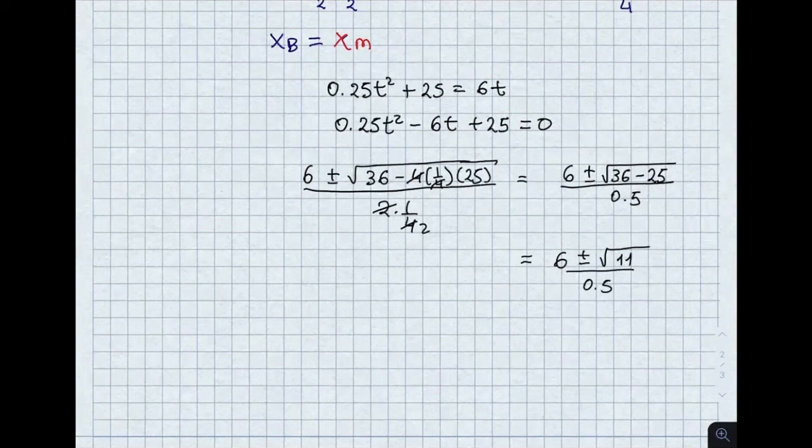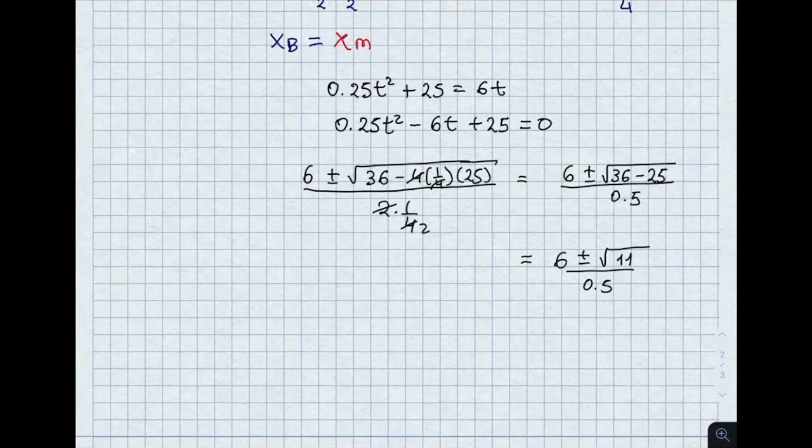As we said earlier, the discriminant, what is inside the radical, is a positive number greater than 0. And we said that we have two solutions. That means the man is going to catch the bus 2 times. But we only need when he catches it the first time, because he doesn't need to run after that.